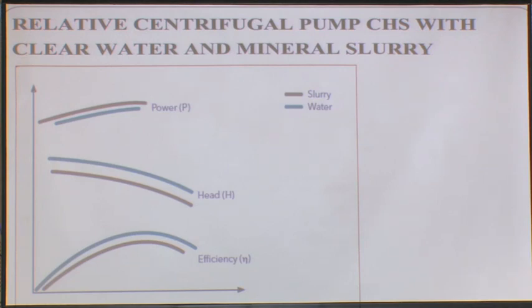The way the fluid is sucked in as far as it goes to the water, and the way the fluid will be sucked in when it is a slurry will pose more resistance, right. So, the head developed will be lesser, efficiency will also drop. And what happens for the power? If it is a less efficient machine, it will take higher power.